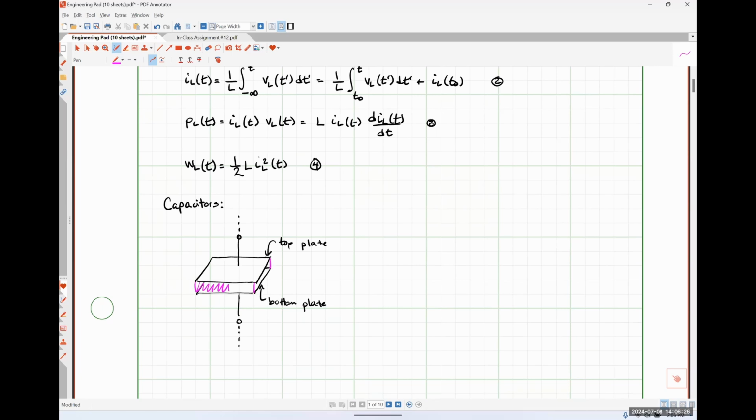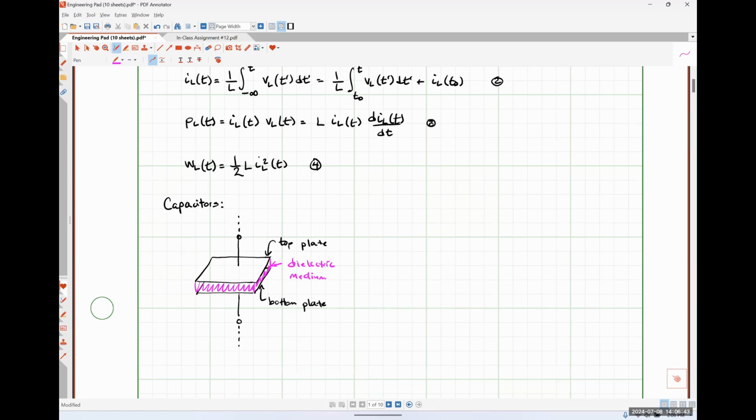So I'm just gonna fill in that region with this pink layer here. We're gonna call this a dielectric medium or a dielectric material. And this constructs our capacitor.